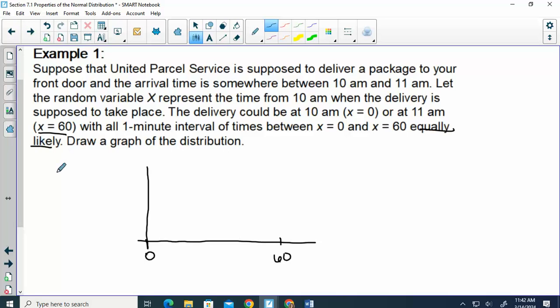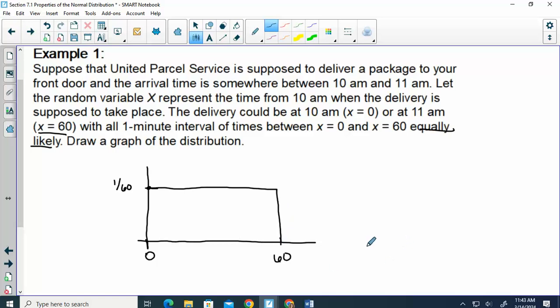So if the total probability is 1, and the length of this is 60, what is the probability for every minute? 1 out of 60. So my probability is 1 out of 60, and that is the same the entire time. So when we graph the uniform distribution, we're actually just getting like a rectangle.